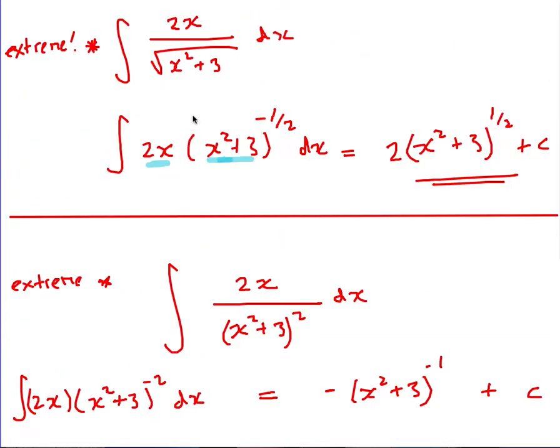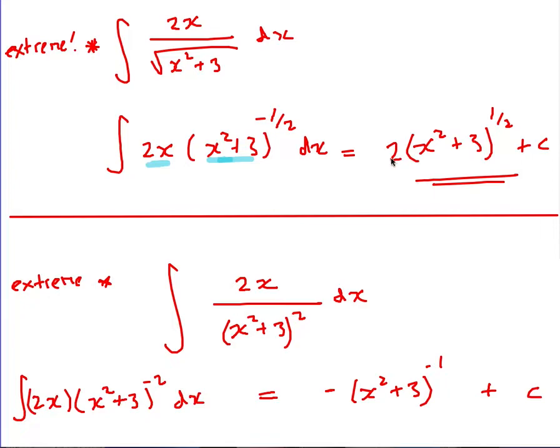But the rule we can use is to say that 2x over root of this is exactly the same as 2x times (x squared plus 3) to the power negative a half. Now we've written it like that, we can use the rule we've just been looking at: x squared plus 3 differentiates to 2x. Let's increase the power by 1, divide by the new power, and then see what happens.